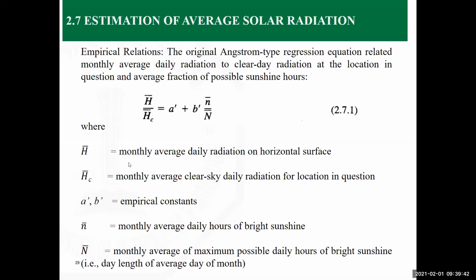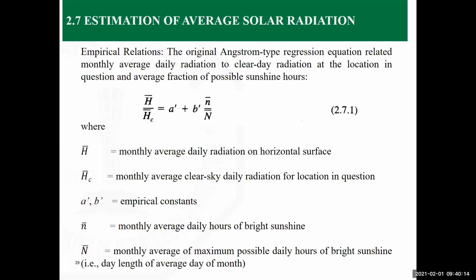H bar is the monthly average daily radiation on a horizontal surface. H bar C is the monthly average clear sky radiation at the same location. A and B are constants for the empirical relation. Small n bar is the monthly average daily hours of bright sunshine, that's the one that we have seen; the previous table is providing that small n bar. Whereas the capital N bar is the monthly average of maximum possible daily hours of bright sunshine.